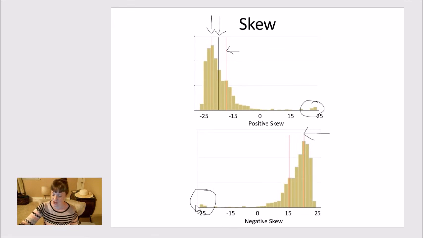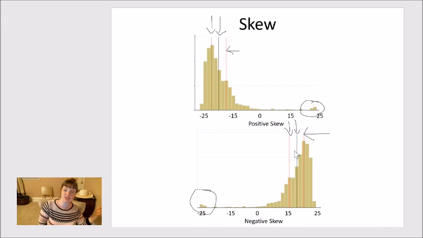But because there are extra extreme scores on this left side, the median moves over 1 for every extra extreme score, because the median is robust to outliers, but not completely unaffected by outliers. It's a little bit affected by skew. And this last one is going to be the mean.